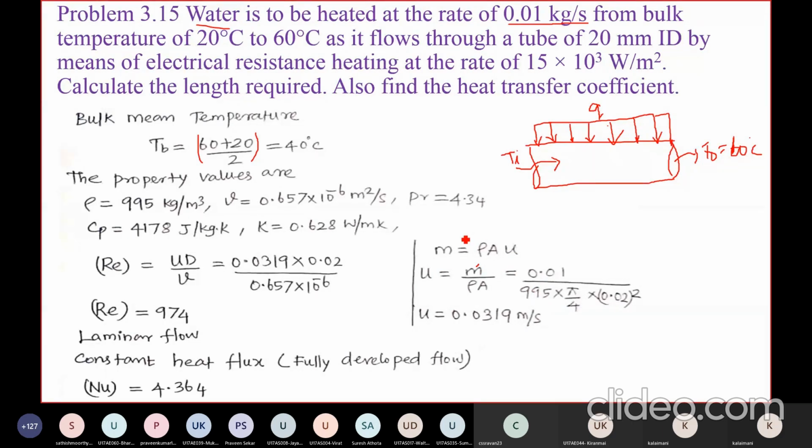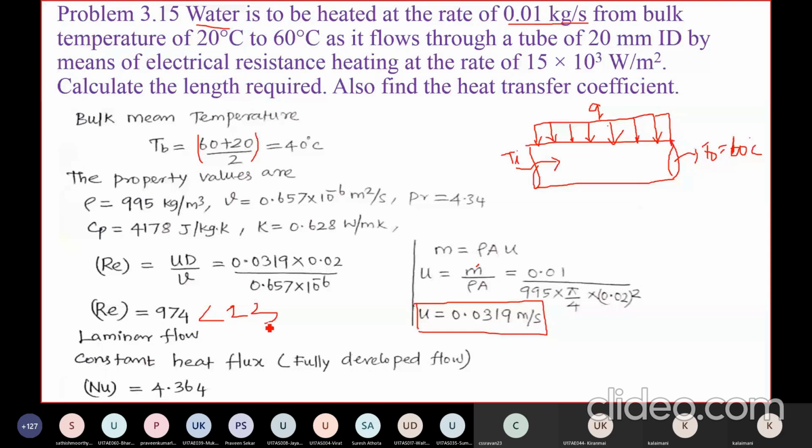While calculating the mass flow rate, we have to use the cross-sectional area, because the fluid passes through this cross-sectional area. We use pi by 4 into d square, where diameter is 0.02, squared, because it is a 20 mm internal diameter. Once we know the velocity, we find the Reynolds number, equal to U D divided by kinematic viscosity. It is to be less than 2300.